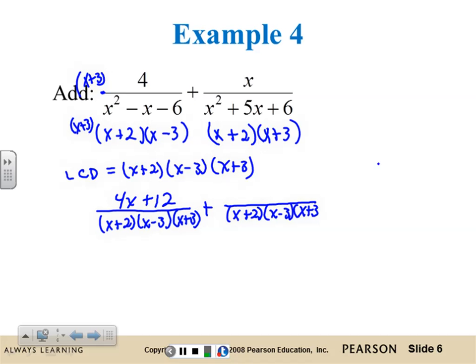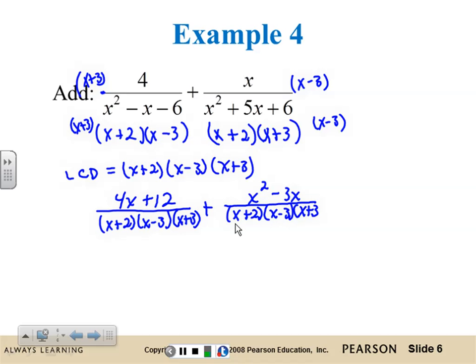What's different? The x plus 3. So to go from here to here, I had to multiply the bottom by x minus 3. So I've got to multiply the top by x minus 3 as well. Again, that's the distributive property, so x times x is going to be x squared, and x times negative 3 is going to be negative 3x.